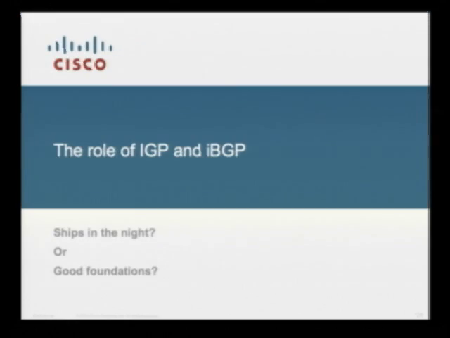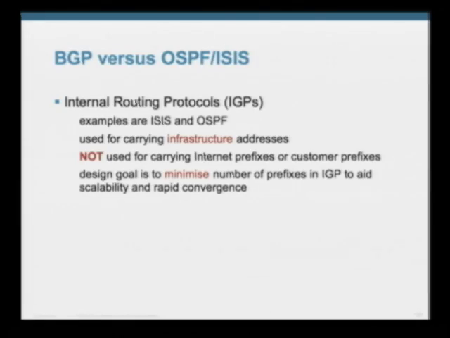So we're going to look at the role of IGP and IBGP in the network. So BGP versus OSPF and ISIS. There's still folks who say, oh, well, I don't need to use IBGP in the network. ISIS, you've done such a good job, all the vendors, we can carry thousands of prefixes in ISIS and it's all great. Well, that's not the point.